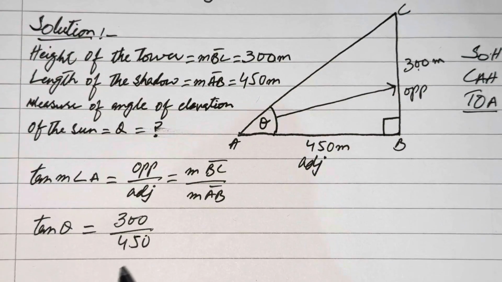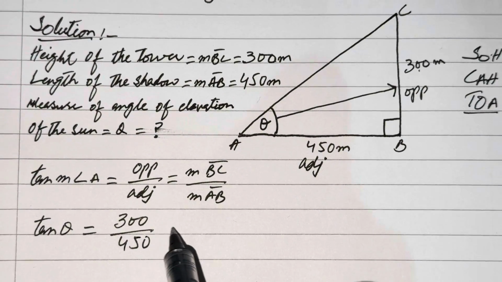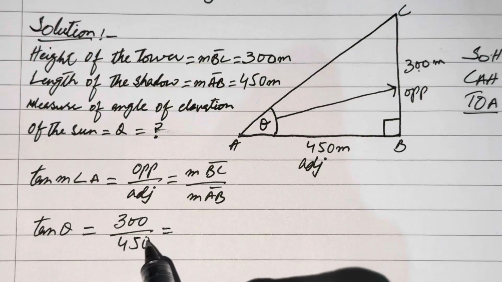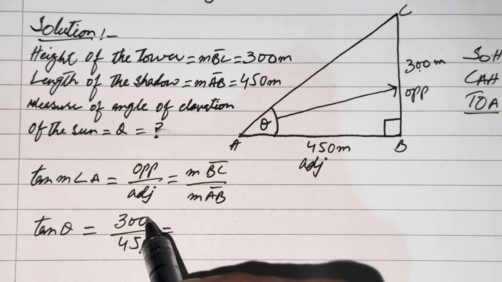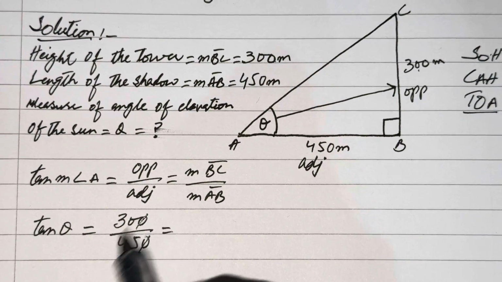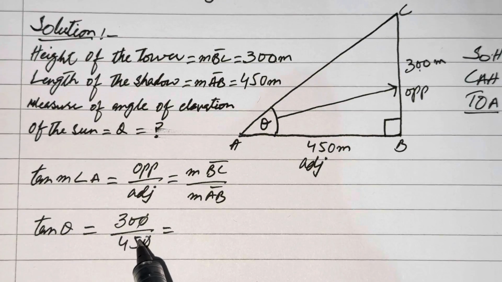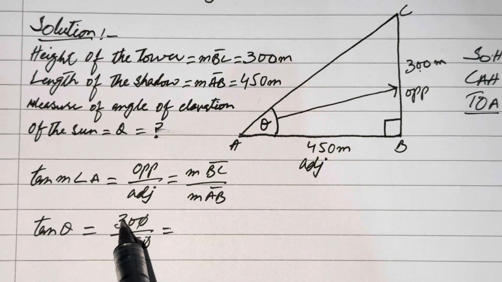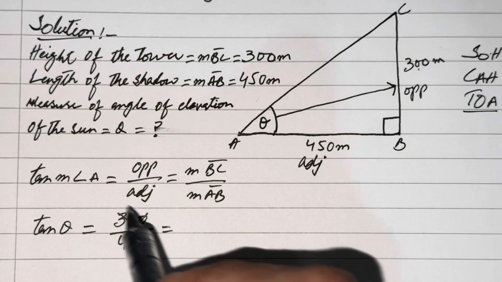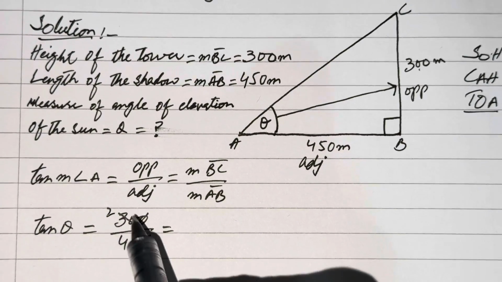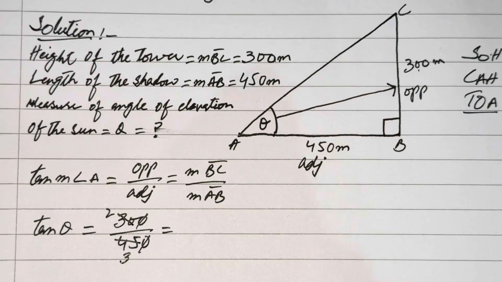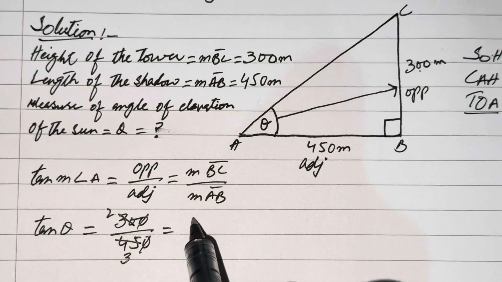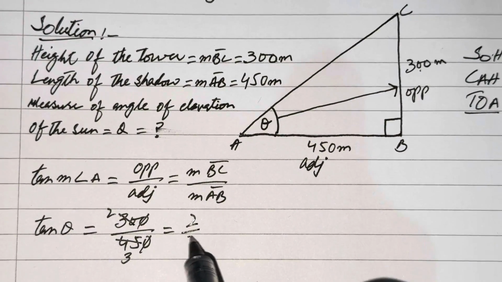Now divide this fraction. This zero will be cancelled with this zero, so you get 30 divided by 45. If you divide, 15 twos are 30 and 15 threes are 45, so that can be written as 2 over 3.